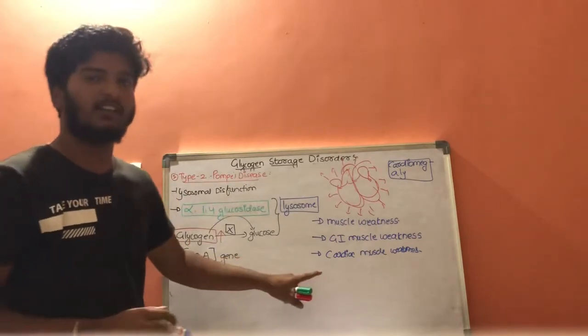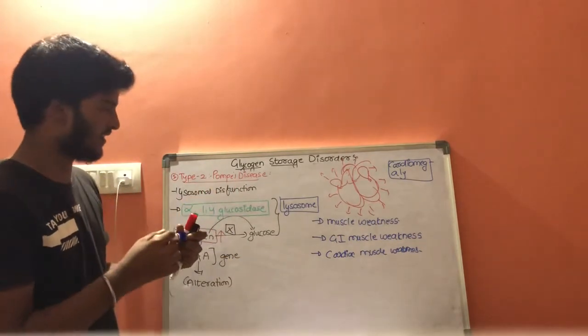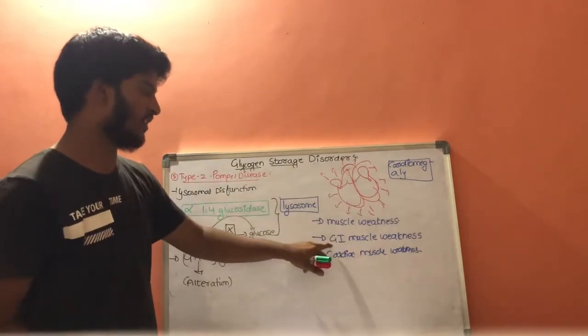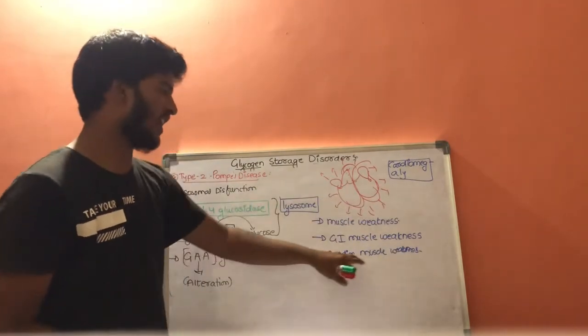These are the symptoms of Pompe's disease: first the important one, cardiomegaly, and then muscle weakness, gastrointestinal muscle weakness and cardiac muscle weakness.